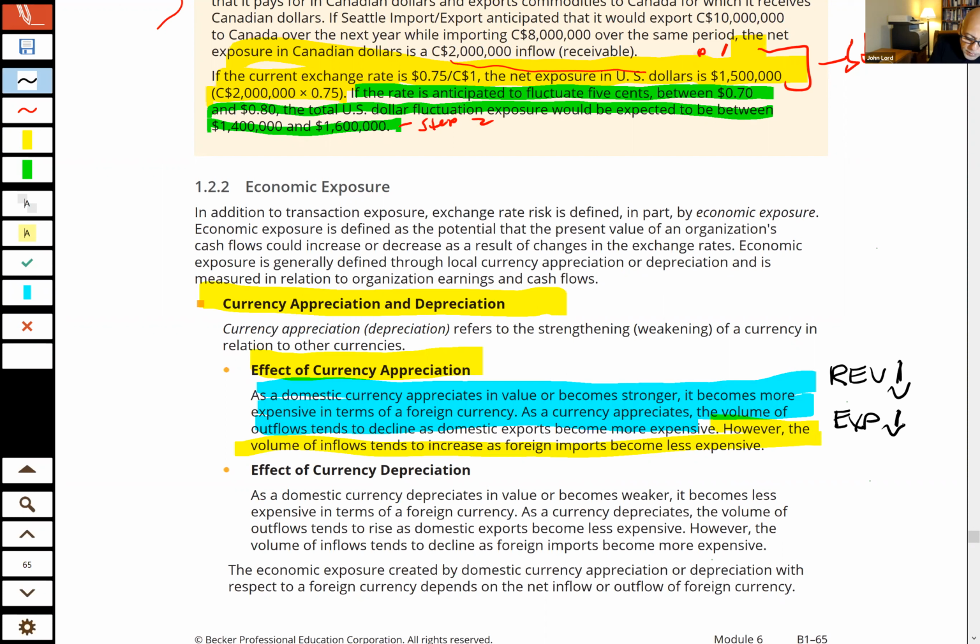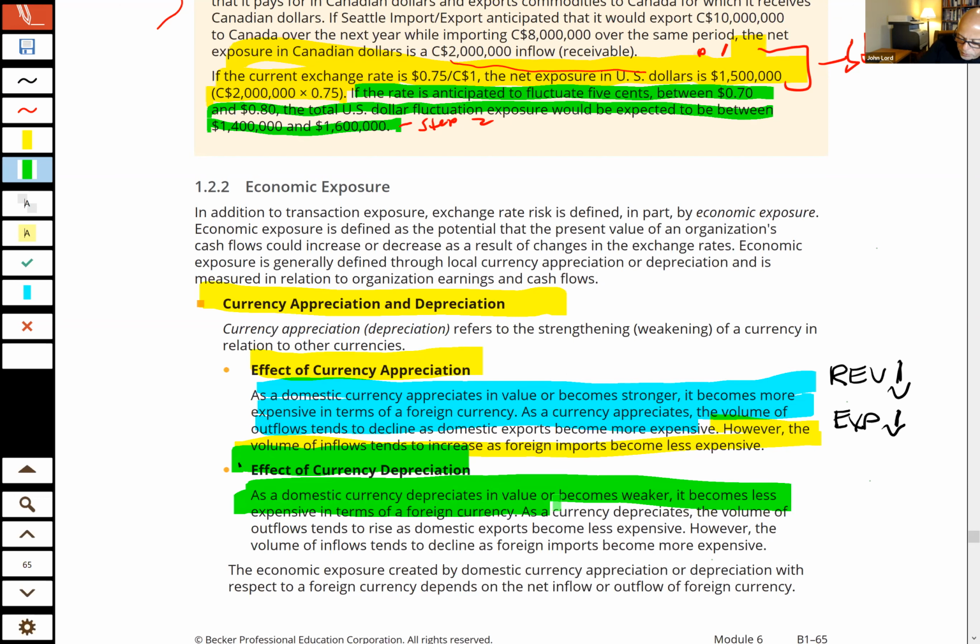Now, the effect of currency depreciation: as domestic currency depreciates in value or becomes weaker, it becomes less expensive in terms of a foreign currency. As a currency depreciates, the volume of outflows tends to rise as domestic exports become less expensive. However, the volume of inflows tends to decline as foreign imports become more expensive.